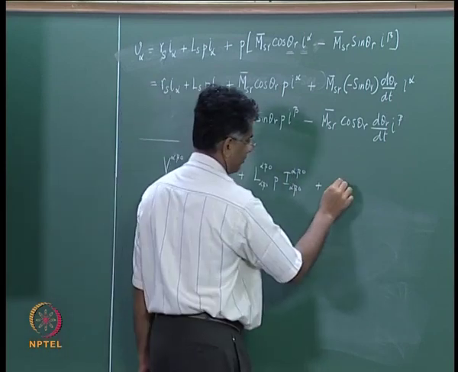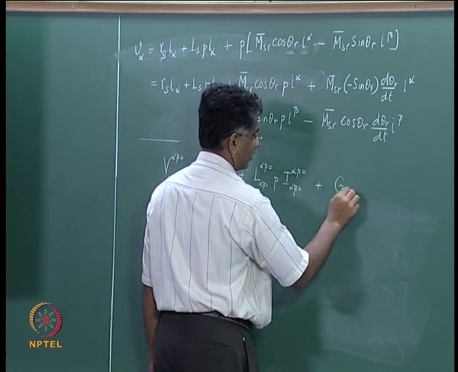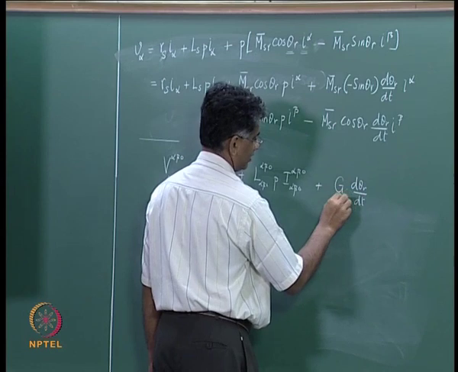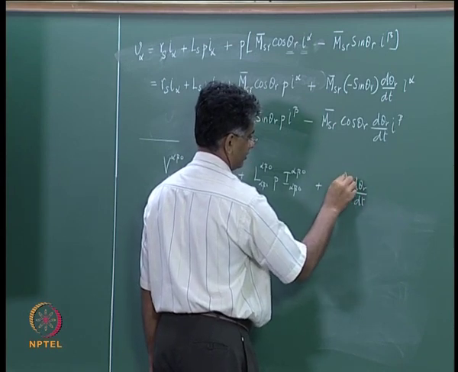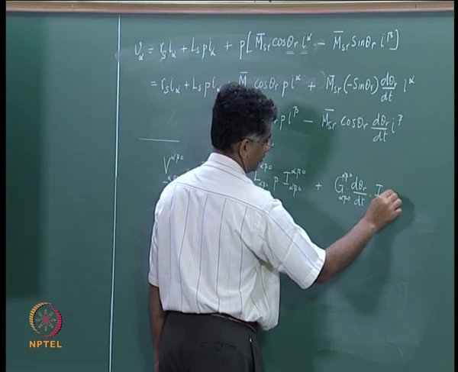Then we had a matrix which we called as G multiplied by d theta r by dt. G is again in the alpha beta 0 reference frame multiplied by this vector I alpha beta 0.